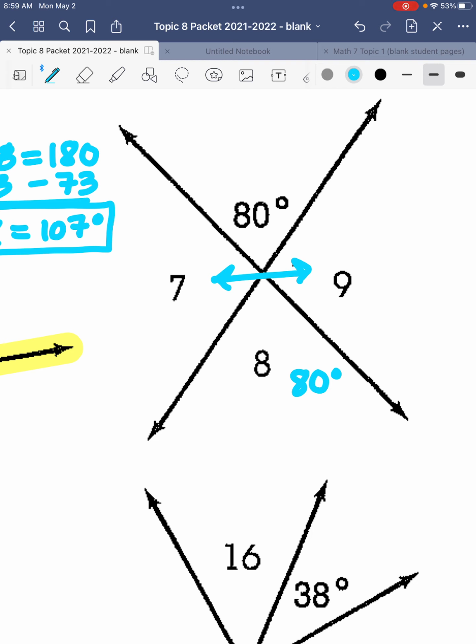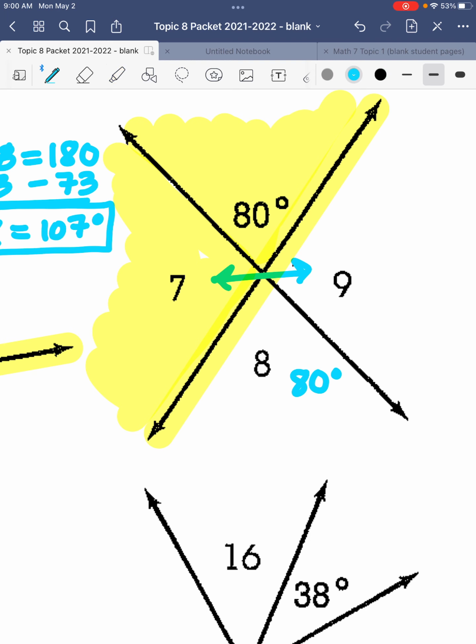It doesn't matter which one I look at, but let's look at 7. Notice that this 80-degree angle here and angle 7 right here together make that straight line. So I know that together they add up to 180 degrees.